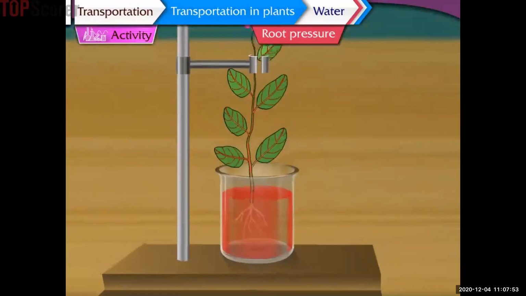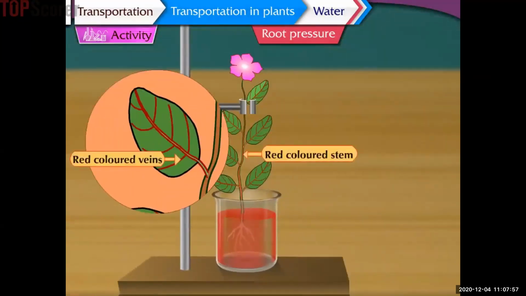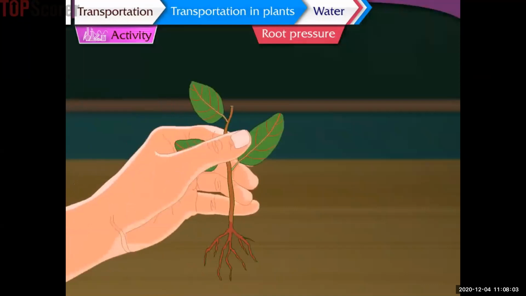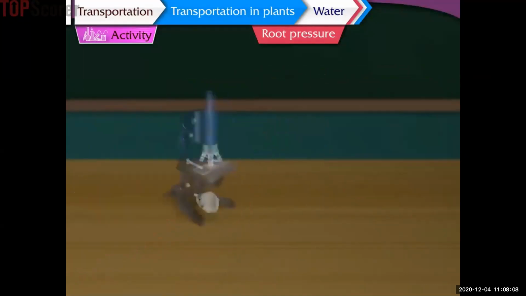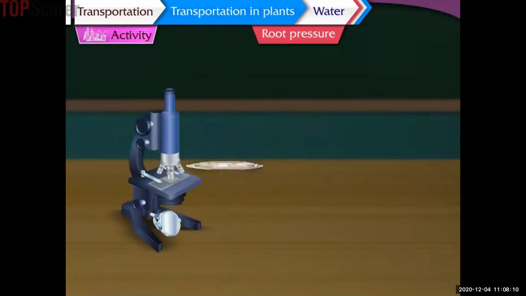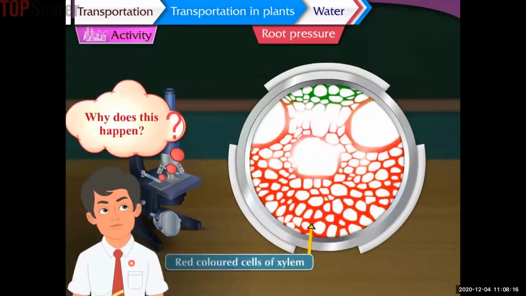After 2 to 3 hours, we shall observe the stem of the plant and the veins of the leaves. We see that the stem of the plant and the veins of the leaves have become red. Now let us take a thin transverse section of the stem of the plant and observe it under the compound microscope. We can see that the cells of xylem have become red in color.